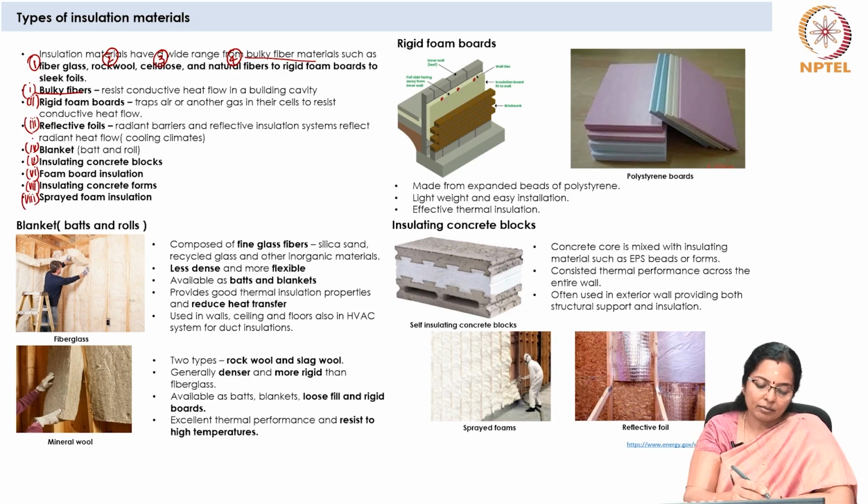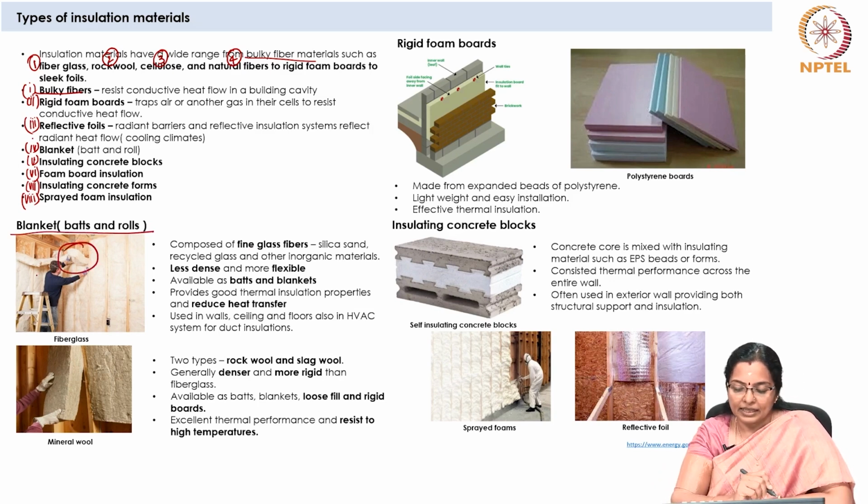If we look at blanket, bats and rolls, these are composed of fine glass fibers. They are made up of silica sand or recycled glass or any other inorganic materials.